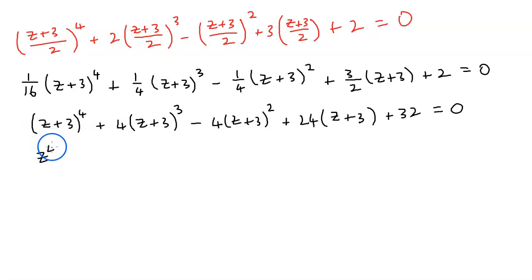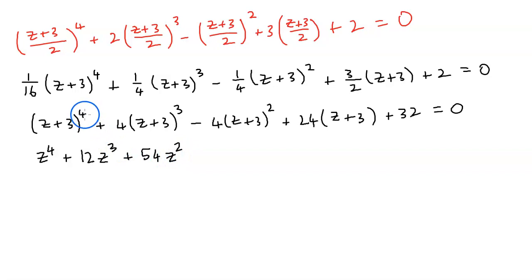So z to the power of 4 plus 4 times 3 times z cubed, so 12z cubed. And then 4 choose 2 is 6 times 3 squared, so 6 times 9 will be 54 z squared.